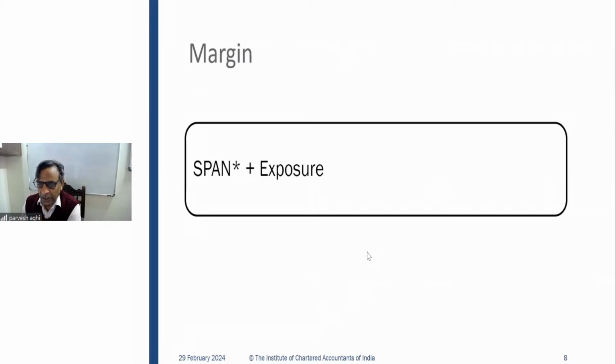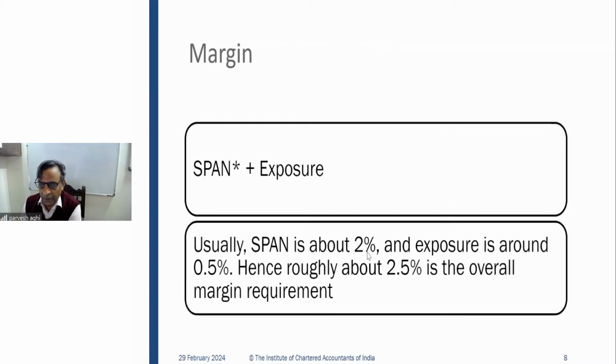Now, when you enter the trade, you have to pay a margin. In the CA study material, it has been called variation margin. There are 2 kinds of margin: span margin and exposure margin. You pay around 2.5% as margin upfront to the stock exchange. This is basically to make sure that you're serious and the transaction can be properly dealt with, so that there is no chance of failure of the transaction.